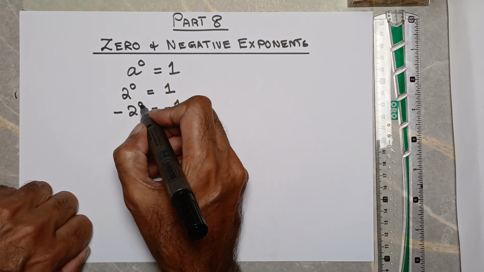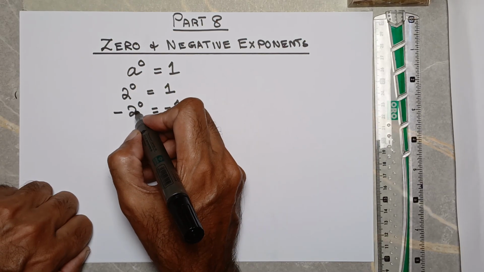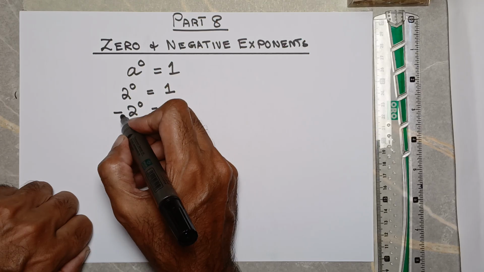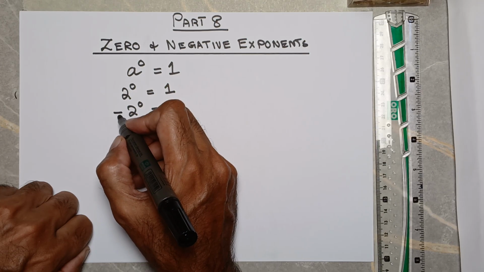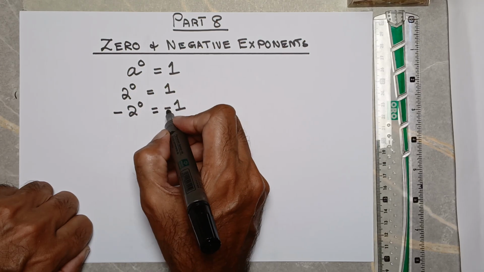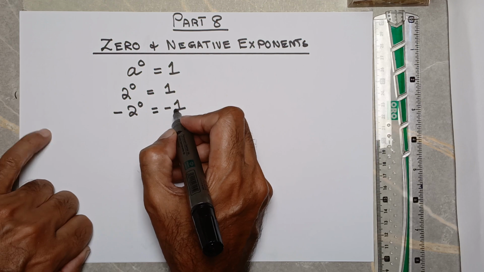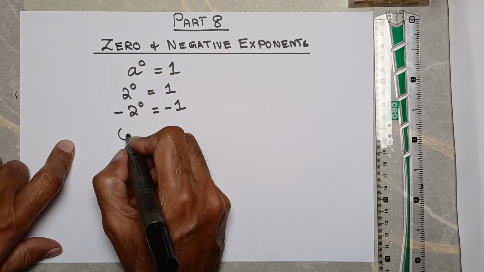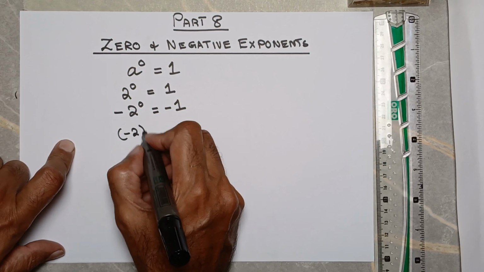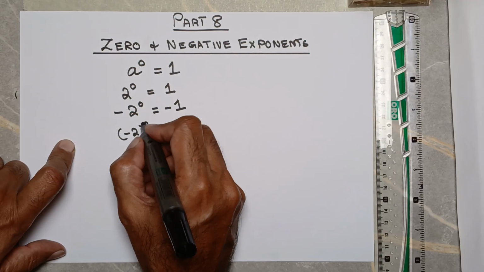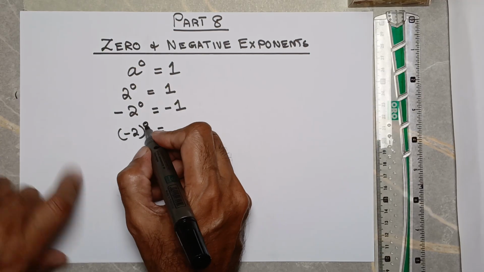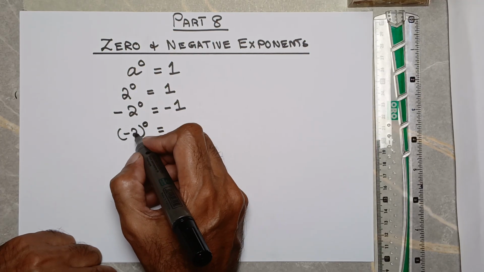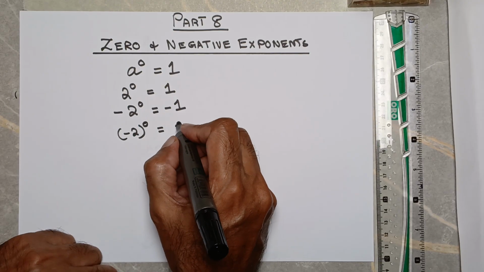Because this zero exponent applies only to 2, but not to the negative sign. So that's why we have written it as minus 1. But if it is written within the parentheses (minus 2) raised to the whole 0, that means this zero exponent applies to the whole of it. So the answer will be 1.